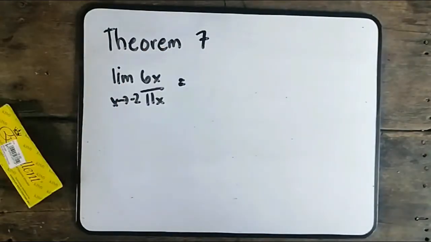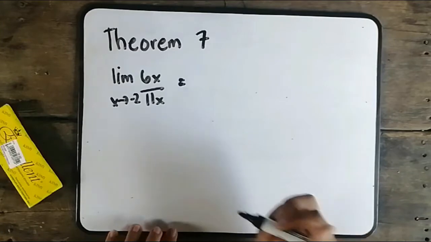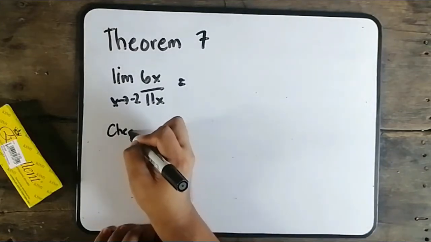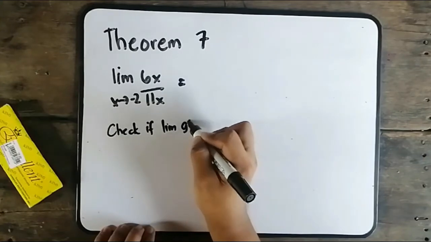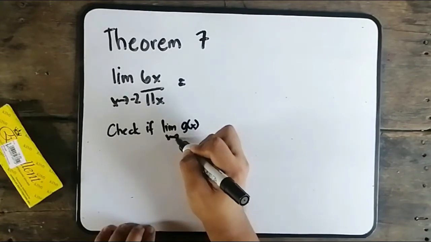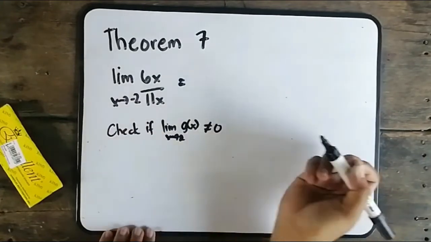Again, for purpose of illustration, let's find the limit of 6x over 11x as x approaches negative 2. So, let's check kung yun bang nasa baba niya ay, yung limit ba nung nasa baba ay not equal to 0. Okay? So, check muna natin if limit of g of x as x approaches a is not equal to 0.